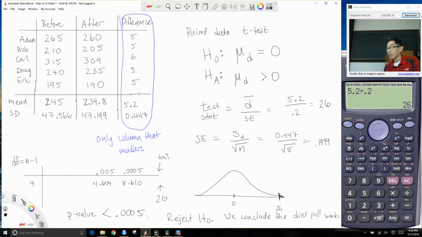We'll have a quiz next week. I do have a few questions relating the confidence interval to the hypothesis test. So make sure you're comfortable with that, go over the notes and see what it says there.